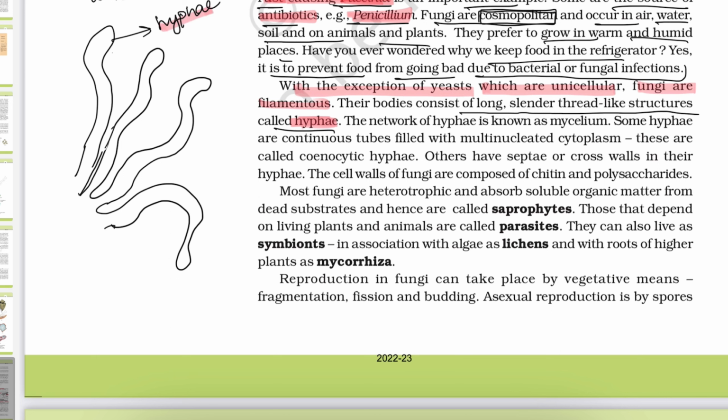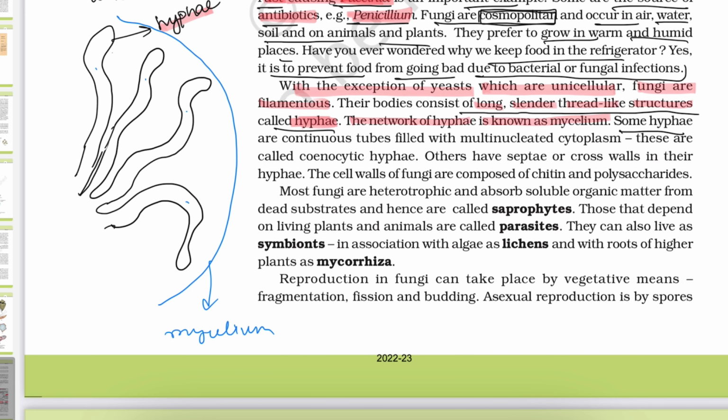Their bodies consist of long, slender, thread-like structures, that is called hypha. Network of the hypha is known as mycelium. This means all the hyphae together constitute mycelium. For example, these are the hyphae, and the network of those hyphae is called mycelium.